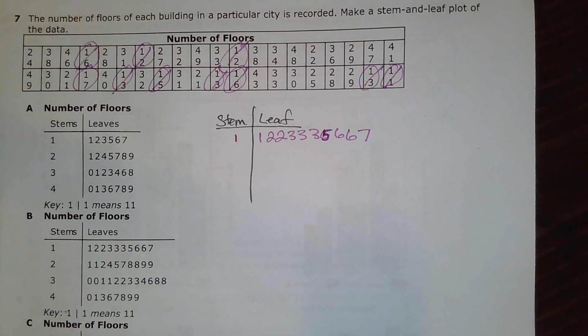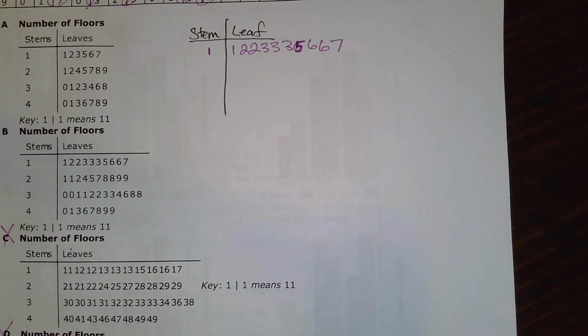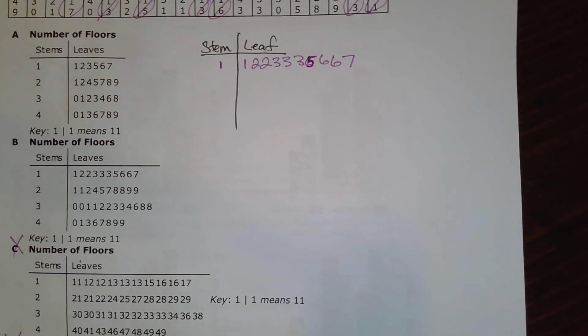Now, all you're going to do is look at your answer choices and figure out which one it is. Looking at C and D, just immediately, these are wrong. That's never how a stem and leaf plot is going to look.